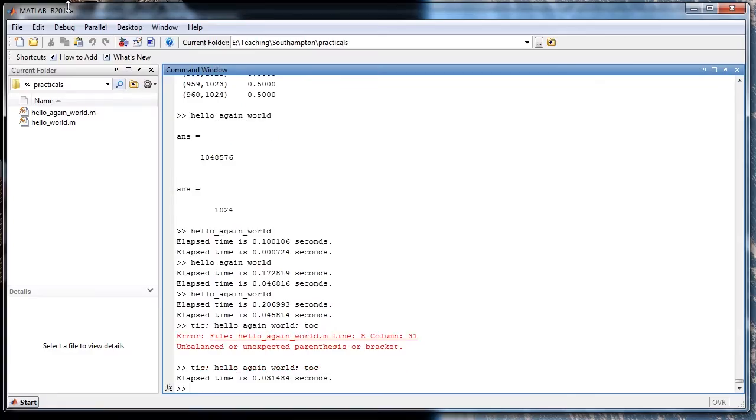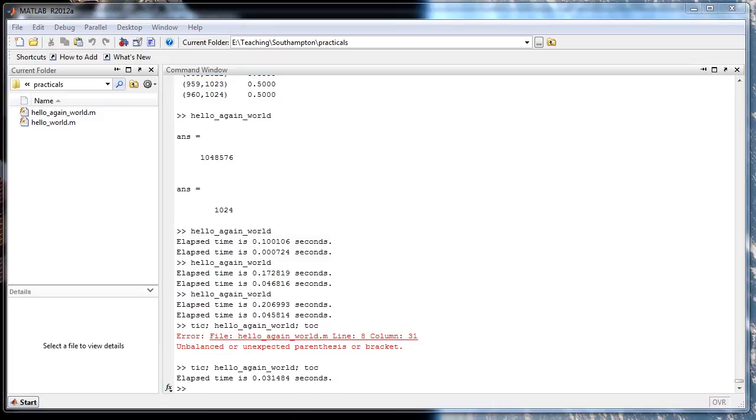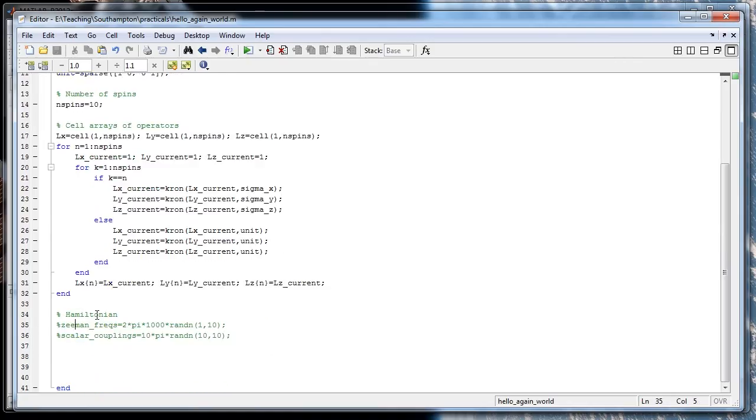Let's run it again. There we are, 0.03, so we have actually gained about a factor of 15 in speed. Quite a serious achievement, as you can imagine, from just putting the word sparse in front of the matrix you are starting with. So yes, do please seriously consider using this when you are running very big spin systems. Right, so with that in place, let's continue building our Hamiltonian. So for n equals 1 to the number of spins.